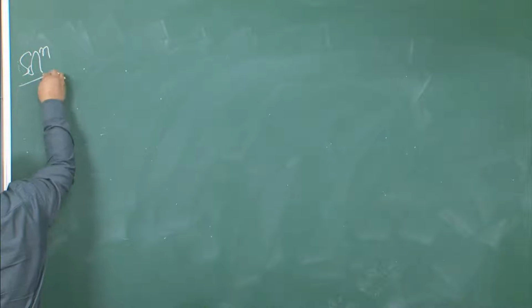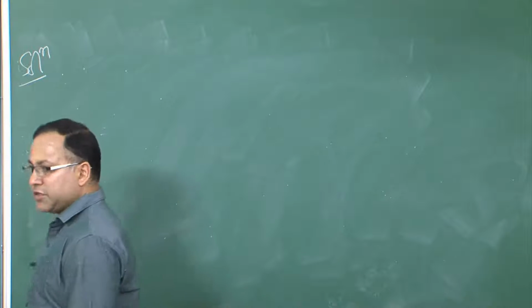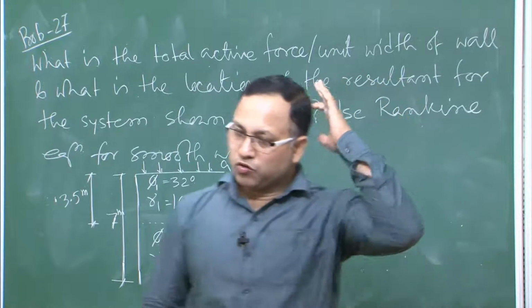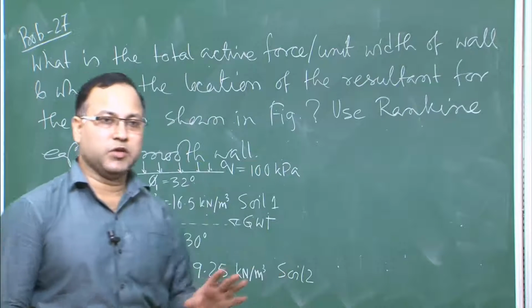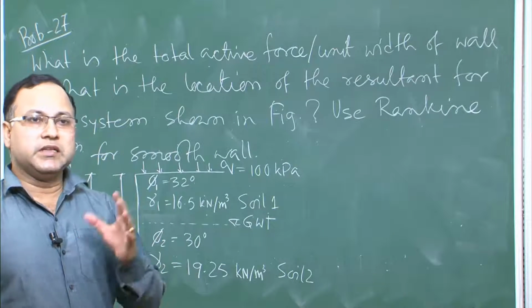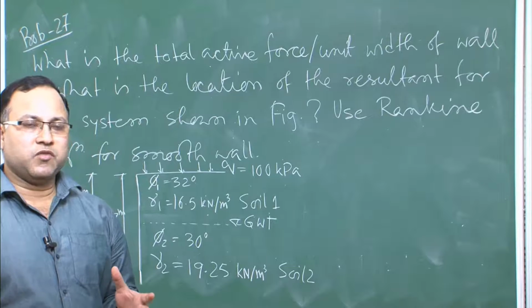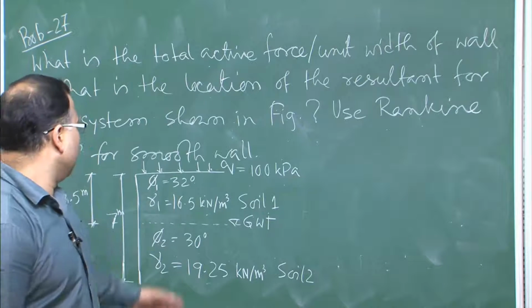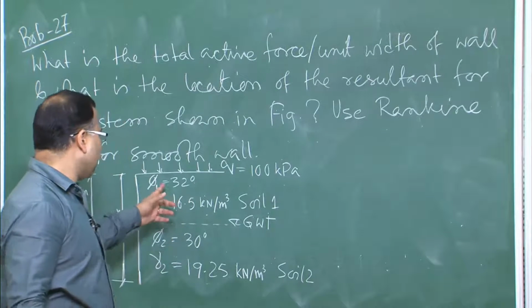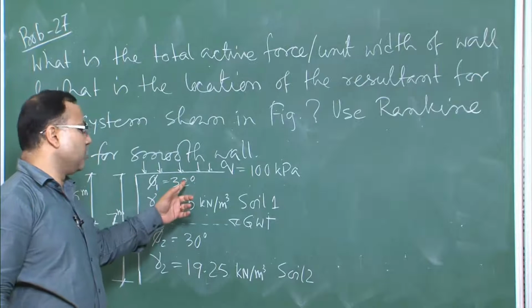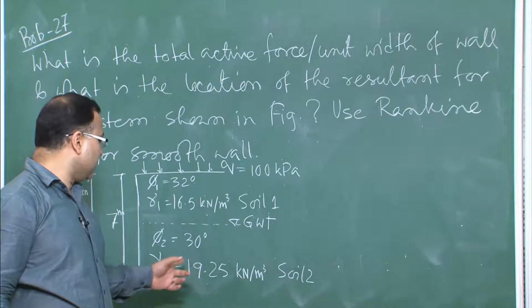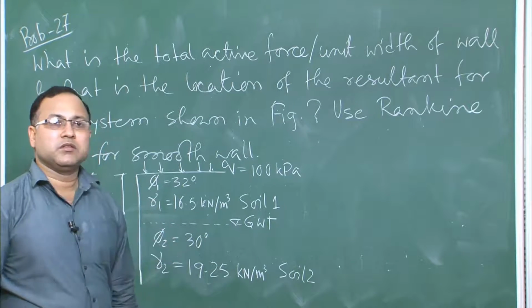Now, solution. First, you need to calculate the active earth pressure coefficient for both the layers, because now you will be getting different active earth pressure coefficients for different layers. Soil 1 is having phi equal to 32 degree, whereas soil 2 is having phi equal to 30 degree.